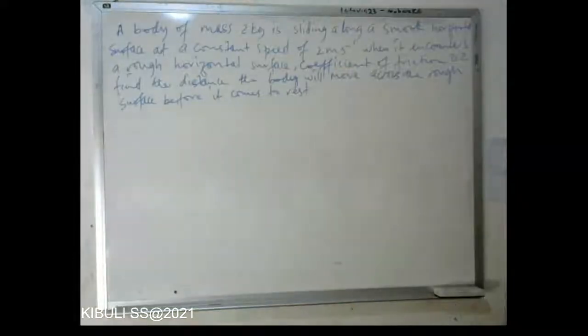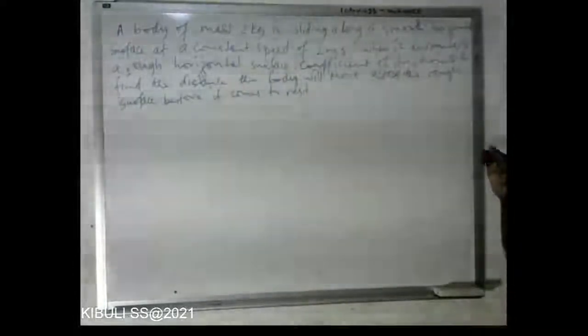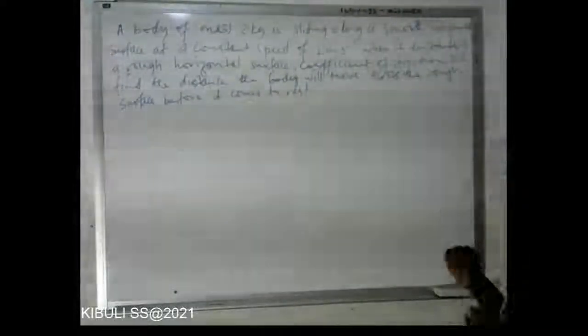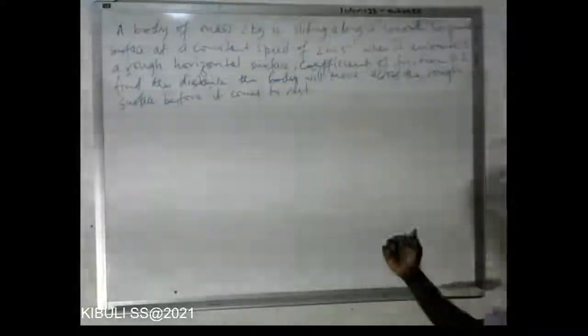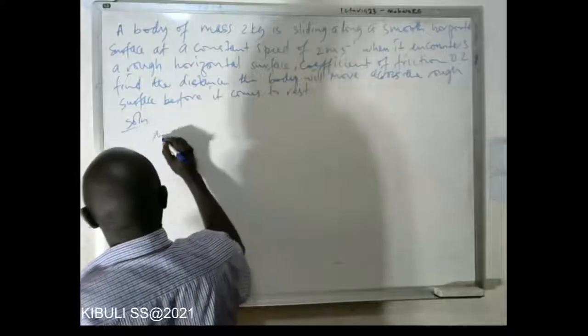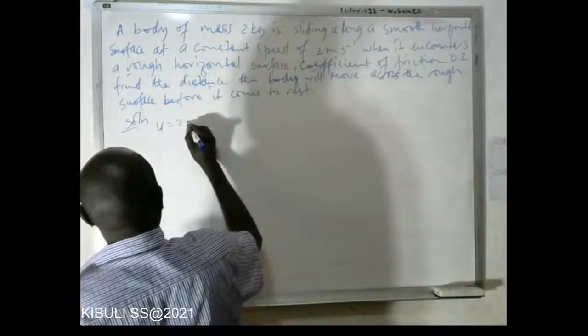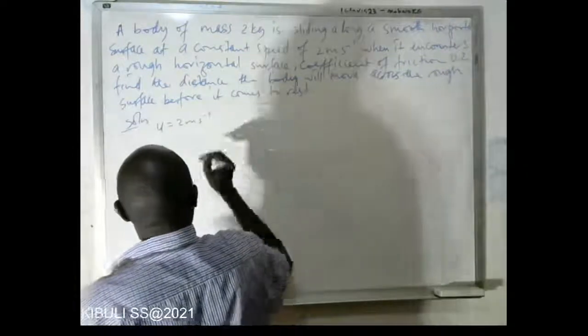The resistance will only exist when the body moves into the rough surface. The initial speed of the body just before entering the rough surface is 2 meters per second. So in the working, we are saying that the initial velocity U is 2 meters per second.